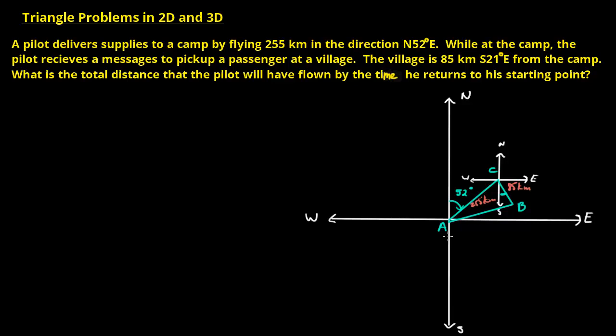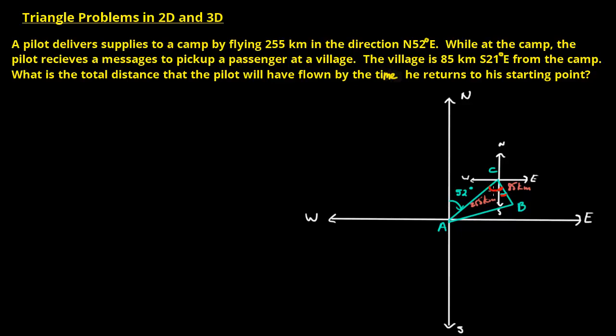So I don't have any interior angles of the triangle right off the bat, but if I think about it, this angle C is going to be the sum of 21 degrees, because this little angle right here is 21 degrees, and this angle right here, because this angle and this angle are alternate angles.